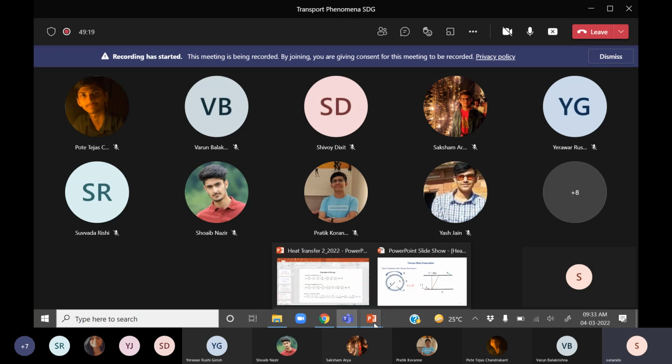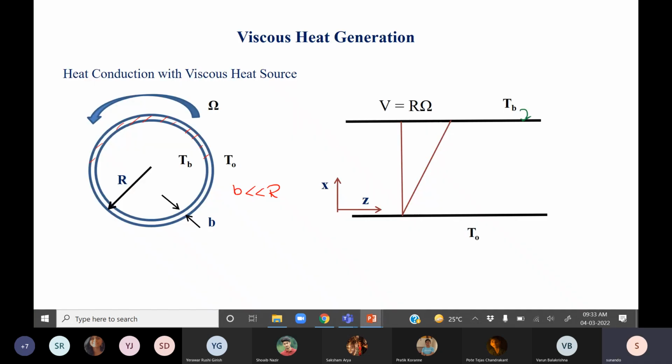So we have identified the problem. Now let's go back to this diagram once again. What is the maximum temperature that you can anticipate? T0 is obviously less than TB. Are you sure?